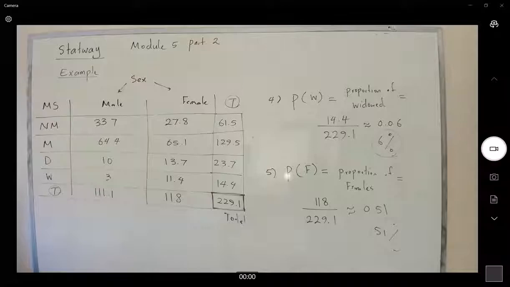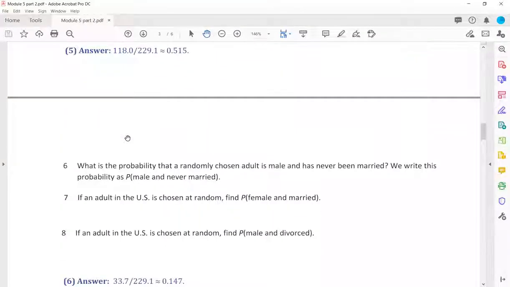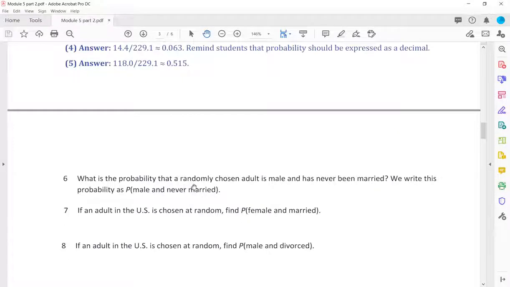Okay, let's get back to the notes. Question 6. What's the probability that a randomly selected adult is male and has never been married? So here you have two conditions, is male and never been married. We write it this way. The probability that you have a male who is not married.